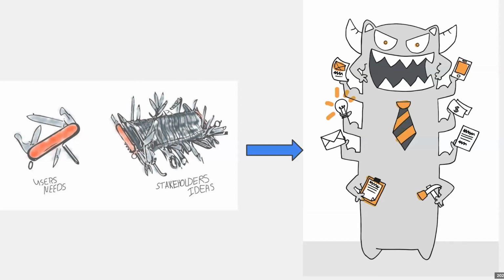Users need maybe 4 or 5 most important things that they need to take care of, while stakeholders that you talk to, you yourself, because you are the product manager, you think of yourself as a smart person, better than the customer, arrogance. So you will have 10 more ideas. Then you will talk to other great people that you work with. You talk to engineering, you talk to marketing, you talk to sales. They will add more ideas to this. Hey, let's add this to that. Let's add a new feature.